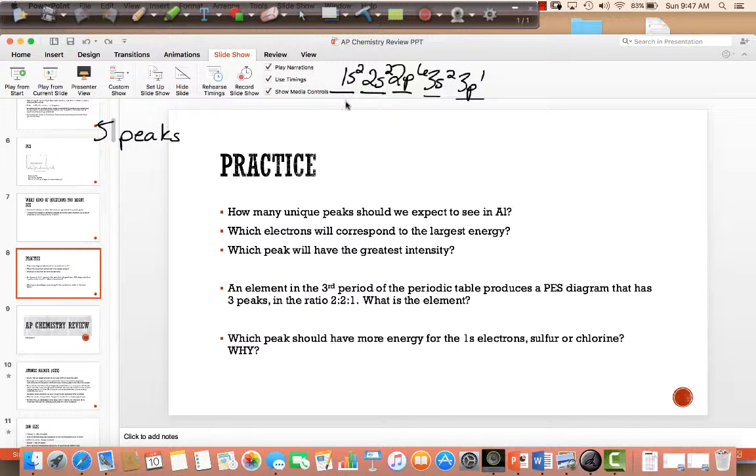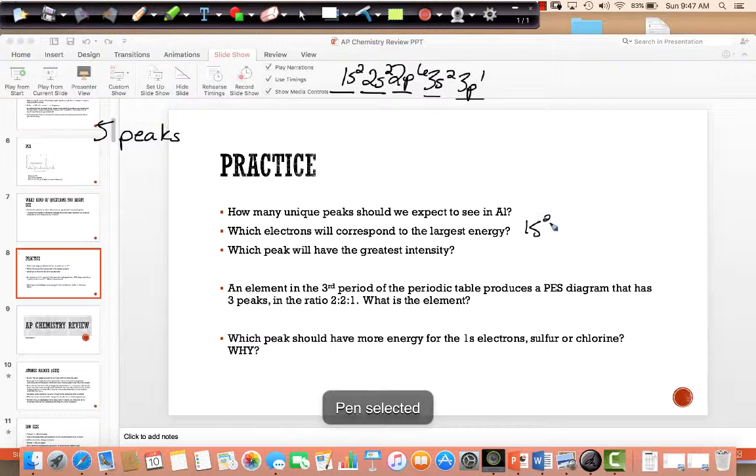Well, the first peak, or rather the 1s peak, should correspond to the largest amount of energy because it's closer to the nucleus, so those electrons are harder to remove. So the 1s electrons. Okay, which peak will have the greatest intensity? Well, that should be the one that has the most electrons. So that should be the 2p6 peak, or the third peak.